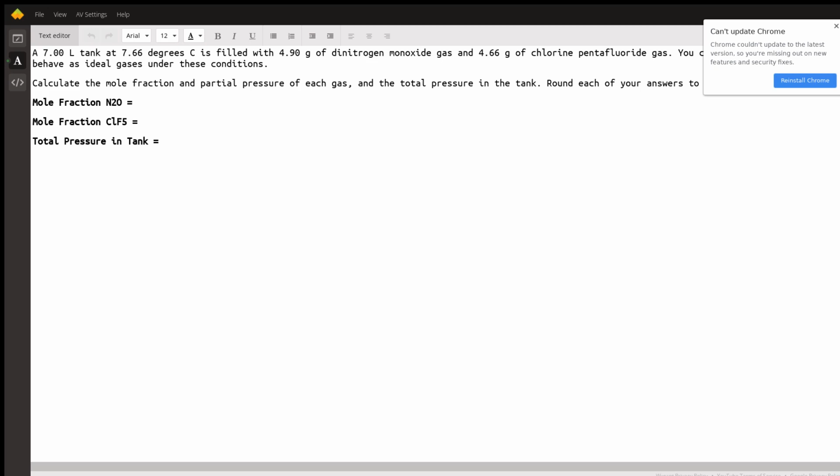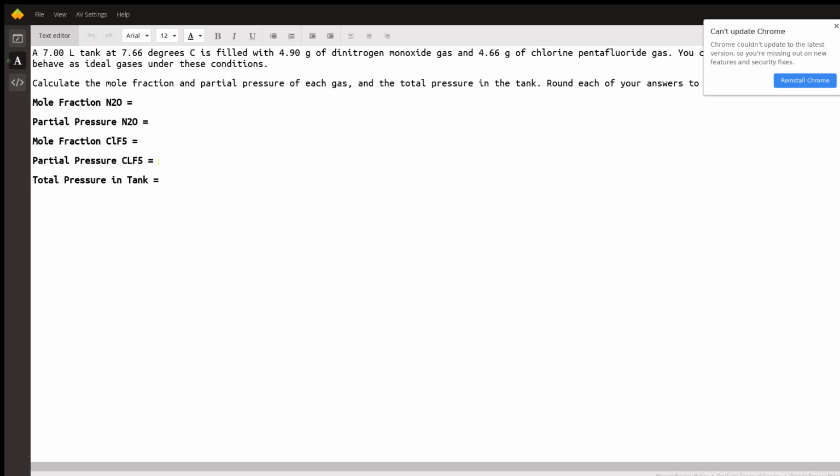We can assume both behave as ideal gases in these conditions. The question asks us to calculate the mole fraction and partial pressure of each gas, as well as the total pressure in the tank, rounding the answers to 3 significant figures.